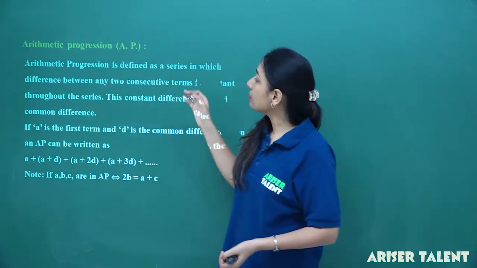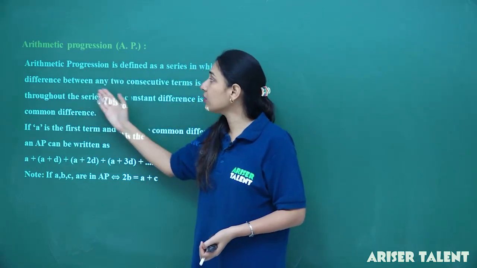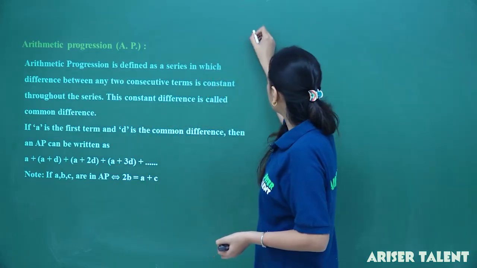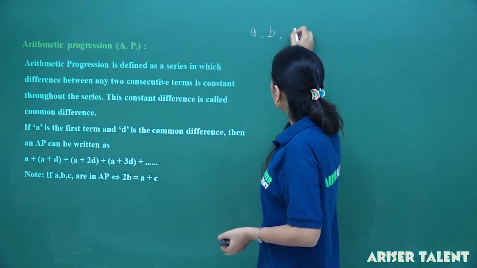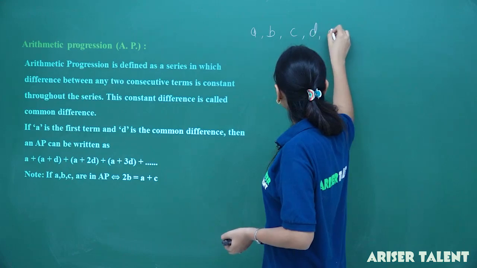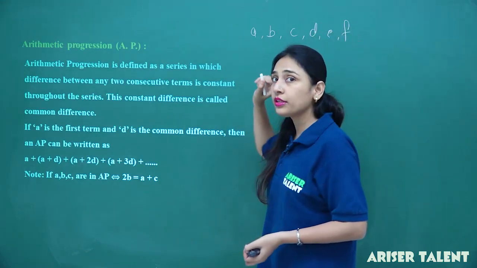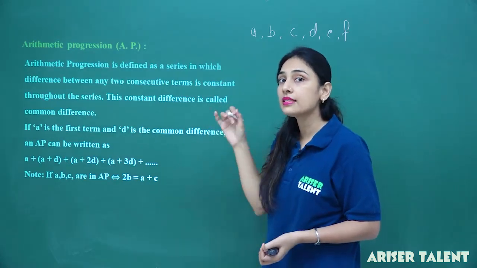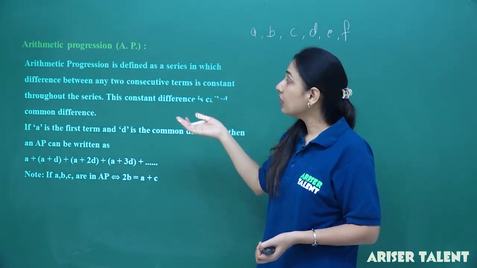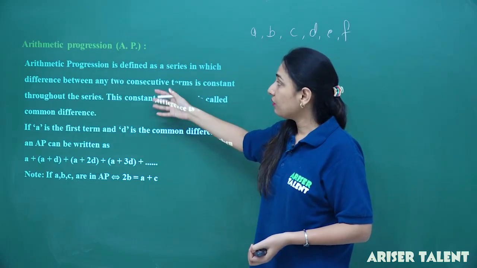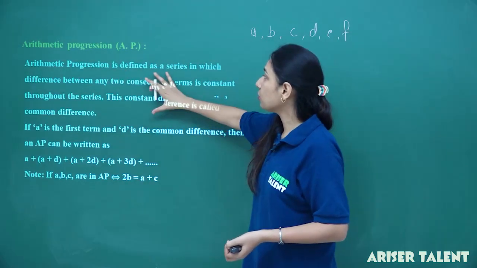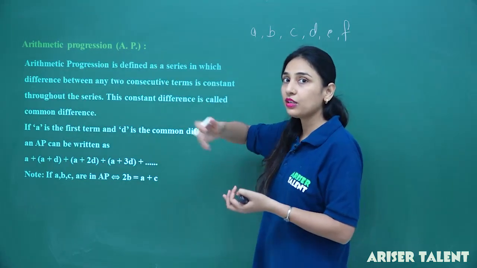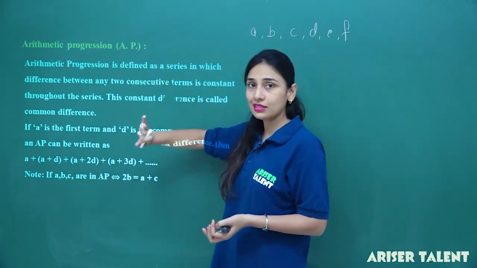Now what is this definition saying? You have a term A, then term B, then term C, D, E and F. We are not going to study in this manner, A, B, C, D, E, F, but I am just taking an example of what you have observed from these.